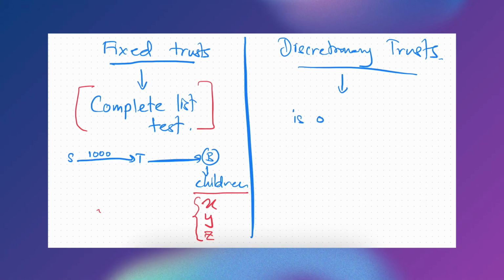So the only way he can know how to distribute the property is to know how many beneficiaries and who those beneficiaries are. Now, in the case of discretionary trust, the test that we currently use is the is or is not test.